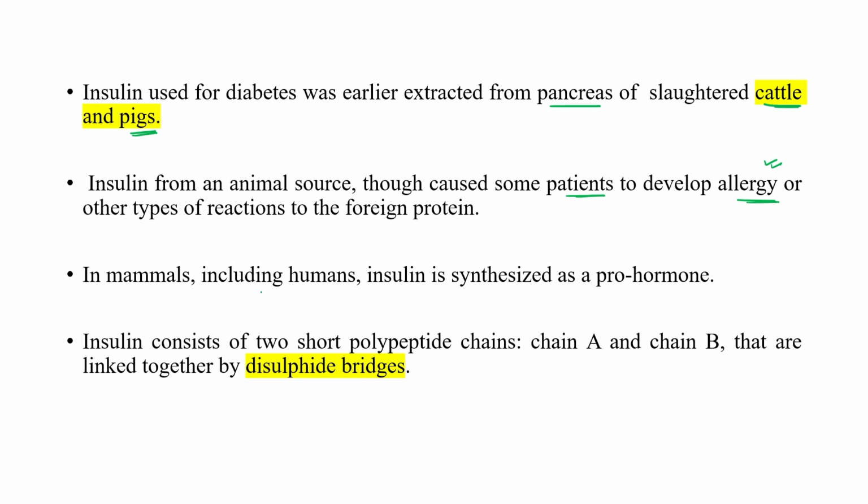Okay, but do you know that in mammals, including human, insulin is synthesized as a prohormone, just like enzymes in human. And this insulin consists of two short polypeptide chains, chain A and chain B. These two chains are linked together through a disulfide bridge.